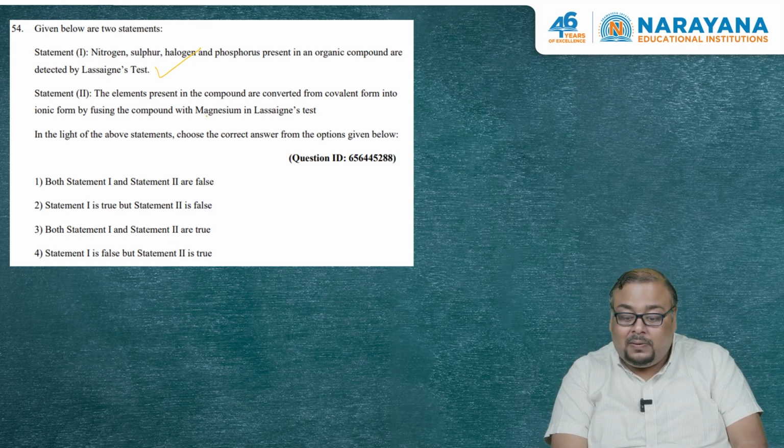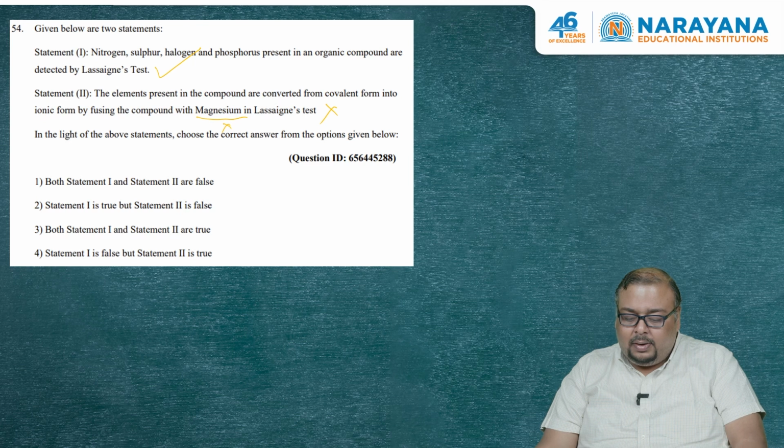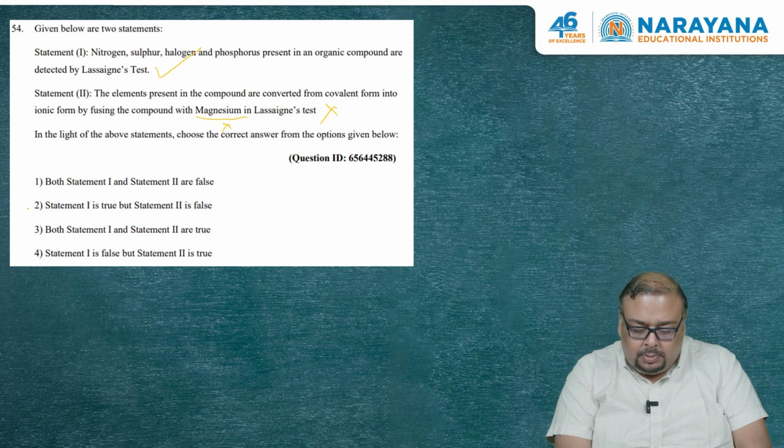Now, Lassaigne's test is heating with sodium, or this is called a sodium fusion test. So obviously magnesium is the wrong element. So statement 2 will be incorrect. So our statement 1 is correct, our statement 2 is false. So the answer should be option 2.